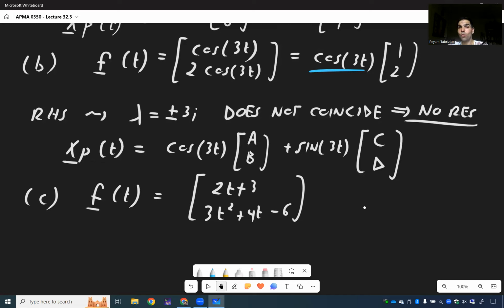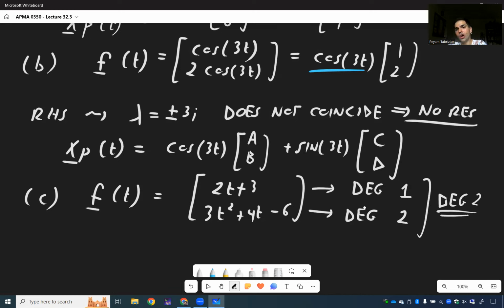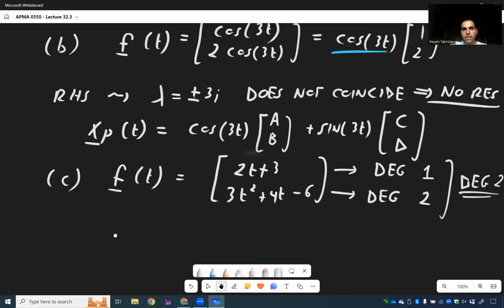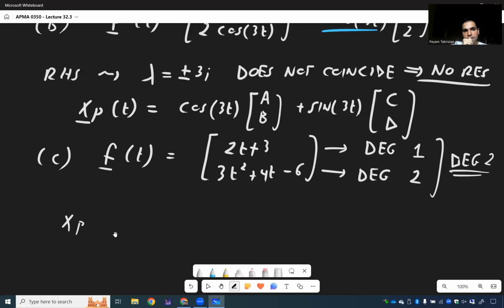The question is, what do you do here? Because notice the top has degree 1, whereas the bottom has degree 2. And what you do, you want to guess the most general thing, so guess degree 2. So always take the bigger one of 1 and 2.